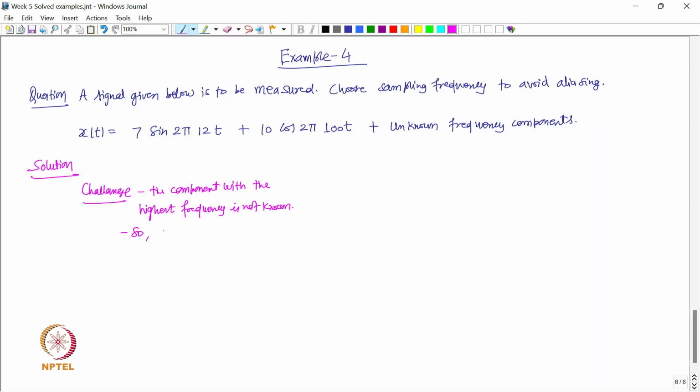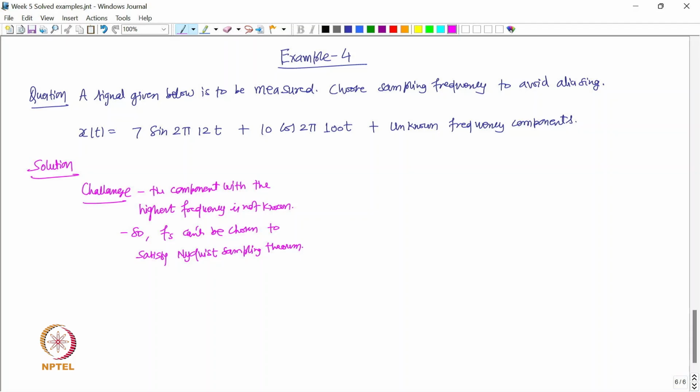So, Fs cannot be chosen to satisfy the Nyquist sampling theorem.